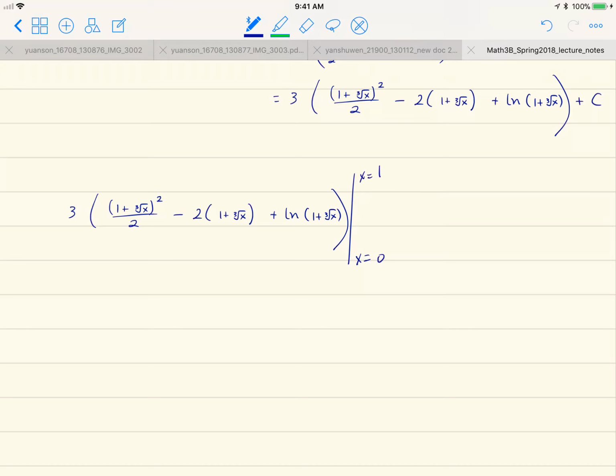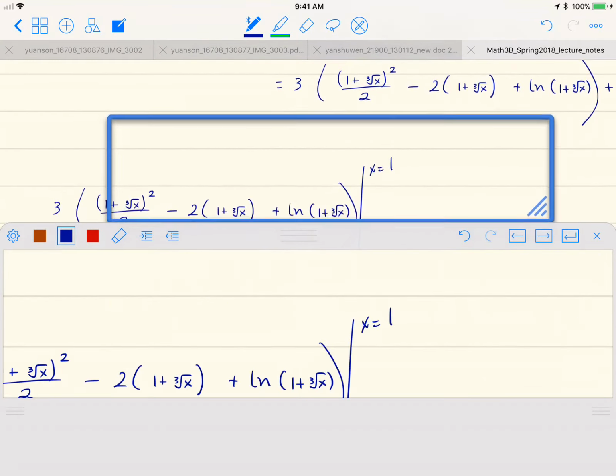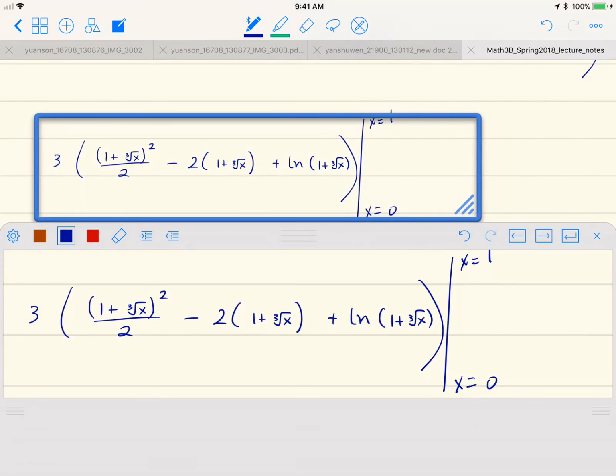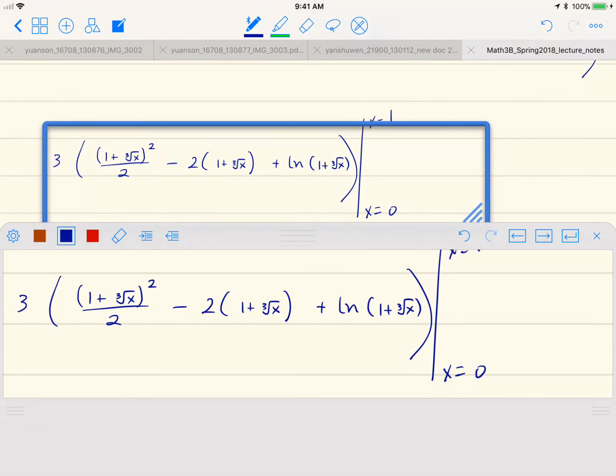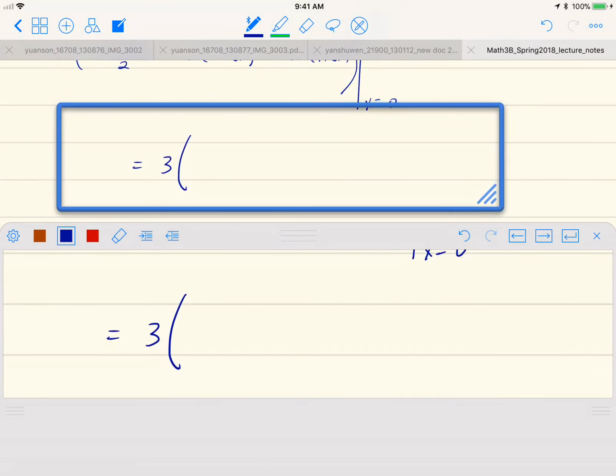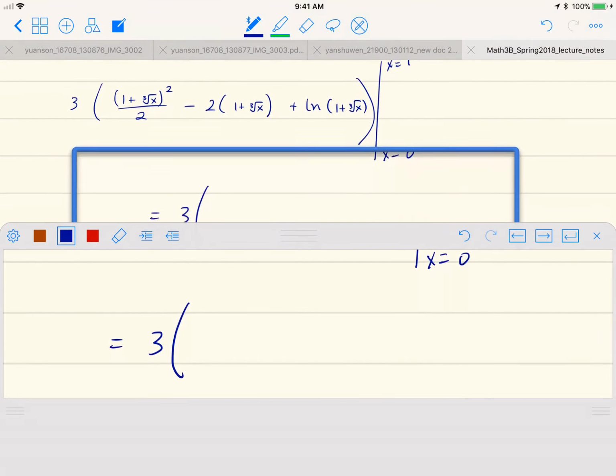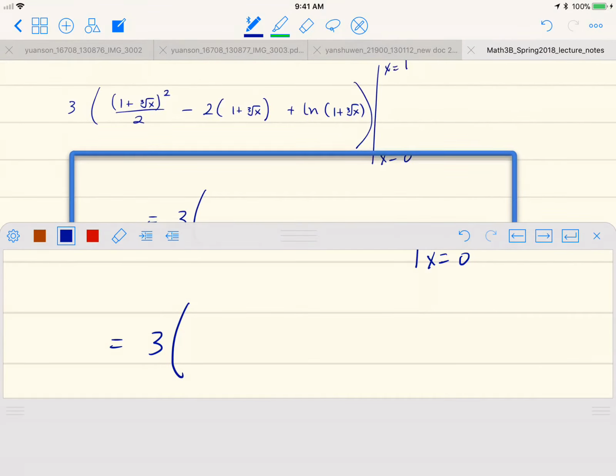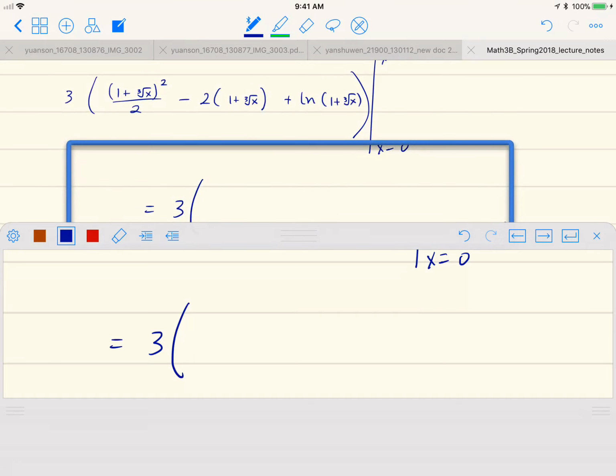And I'm going to get 3 times, now for x equals 1, let's zoom in here. So I'll have 1 plus, let's see here, I'm trying to have both of these in the window at the same time. So this is for x equals 1. 1 plus the cube root of 1 over 2. Okay, now that needs to be squared.